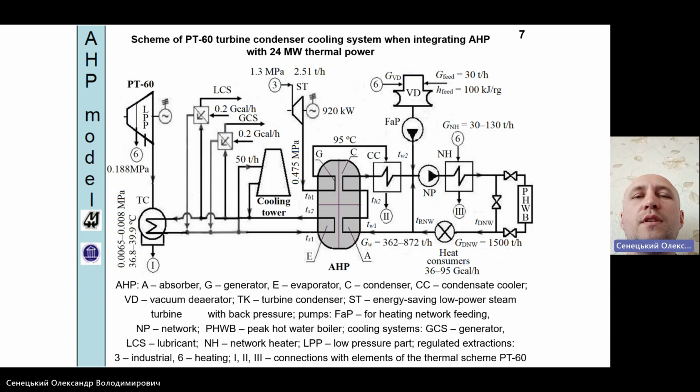As can be seen from this scheme, the steam of the heating AHP is taken from the regulated production extraction of PT60, operating at a pressure of 1.3 megapascal. The pump is heated by steam with a pressure of 0.474 megapascal coming from the exhaust of an additional steam turbine with back pressure. It was installed for the purpose of energy saving.